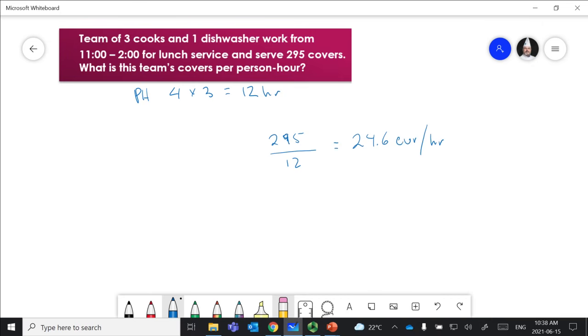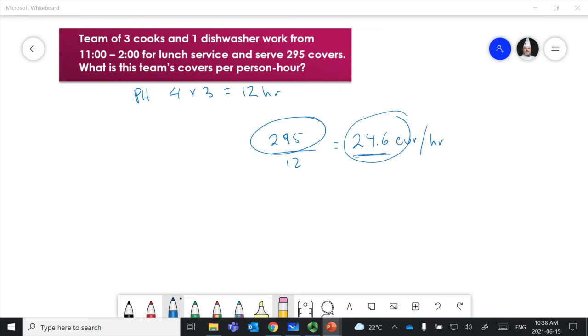So 24.6 guests or customers can be served per 1 hour of labor out of the kitchen, right? And again, this is just the measurement of what is actually going on. So you can use this to calculate, if you know what your estimated covers are going to be and you know what your covers per hour is for your kitchen, you can say, okay, 400 people coming in tomorrow night, how many hours' worth of labor can I spend in order to maintain this 24.6 covers per hour, right?